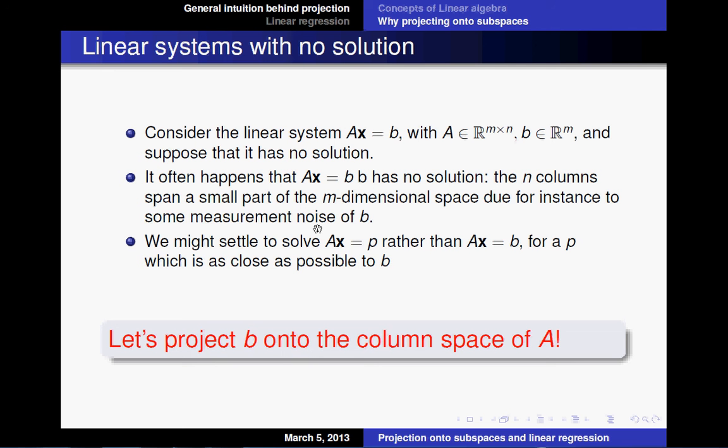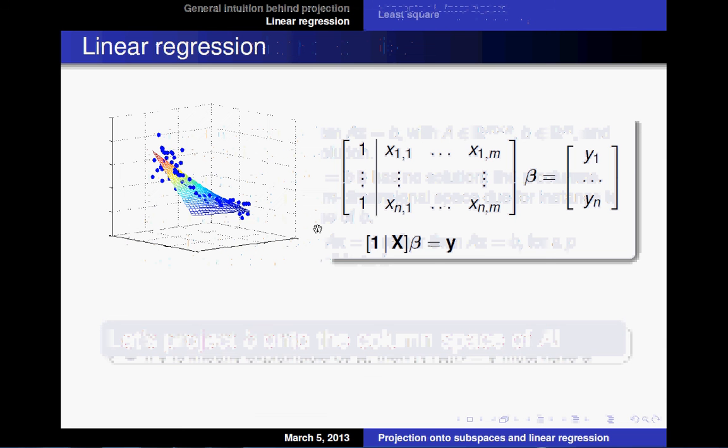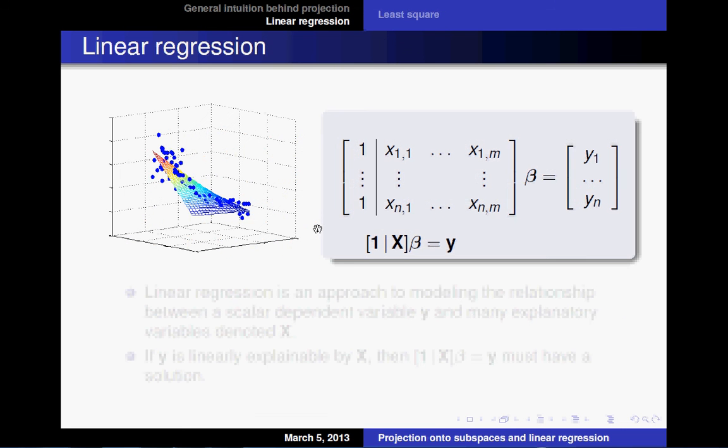This idea is exactly what statisticians do when solving a problem of linear regression. Suppose we have a collection of points in the m-dimensional space, and we map those points into a one-dimensional space.